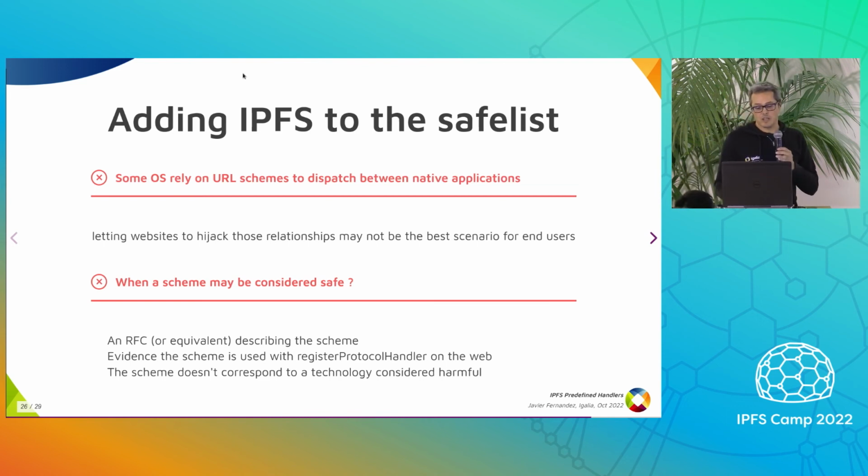One of the reasons they are still not sure about that is that the operating system relies on URLs for applications as well, and they don't want to hijack that functionality for the web. And also, there is no clear definition of when a scheme is safe. But we managed to get a specific list of milestones, and we will get there eventually.